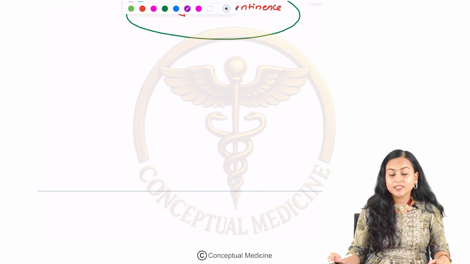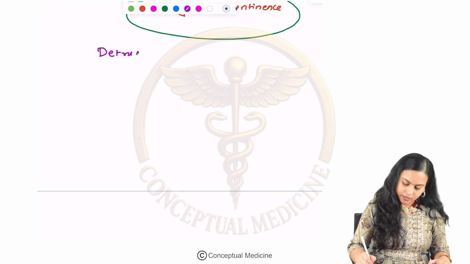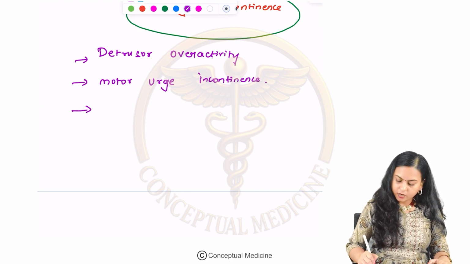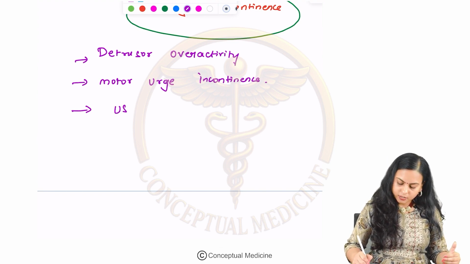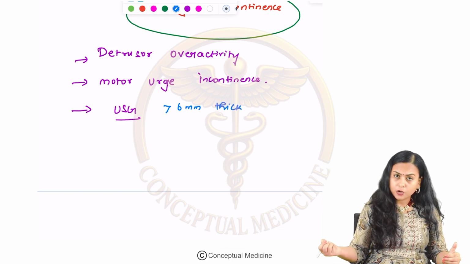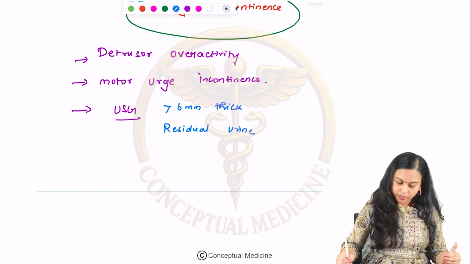Urge incontinence is nothing but detrusor overactivity, so there is motor urge incontinence. When you do an ultrasound, it will show a bladder wall more than 6 millimeter thick, and you will also have some residual urine.